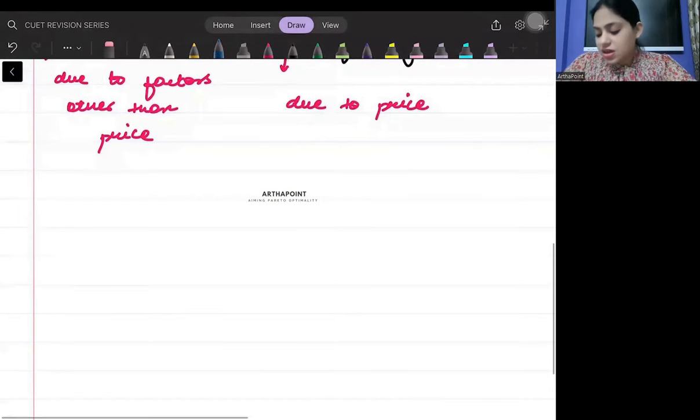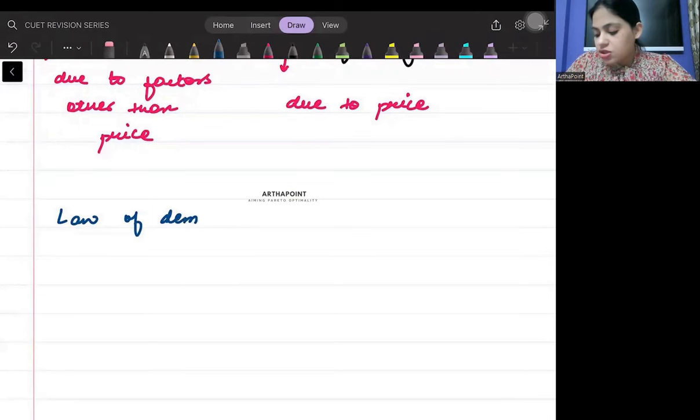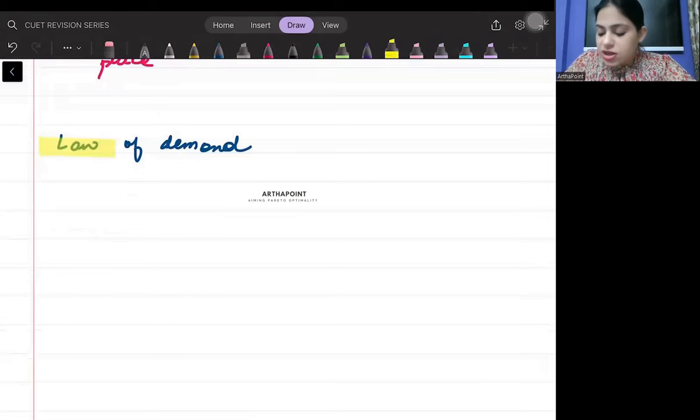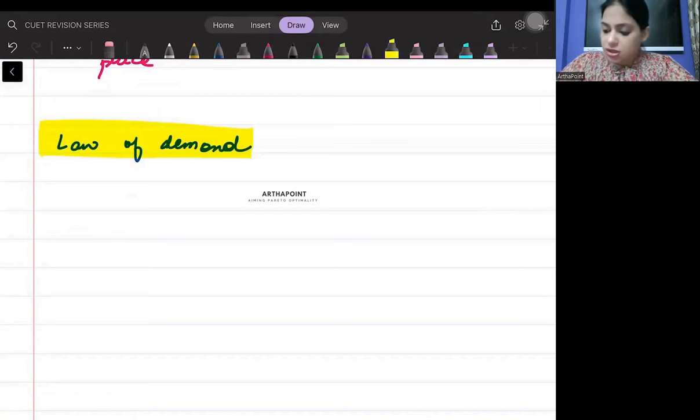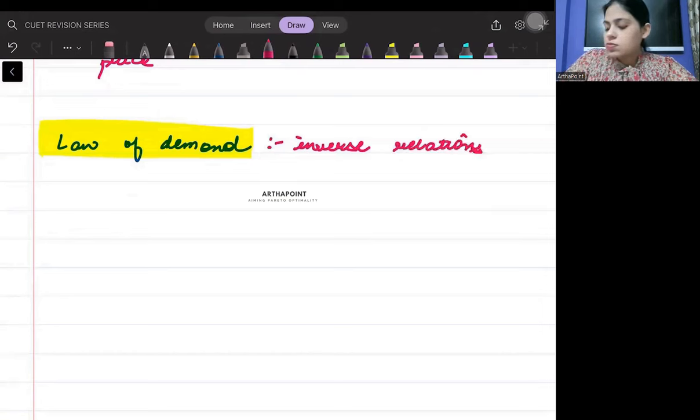Now, there is again a law of demand. और law of demand क्या बोलते हैं बच्चे? The law of demand says that there is an inverse relationship between price and quantity demanded.